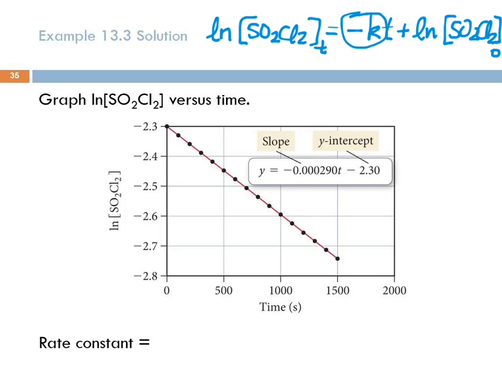The slope is minus k. So the rate constant is, here's the slope, negative 0.00290. It's going to be positive 0.00290. What are the units on the rate constant? Per second.